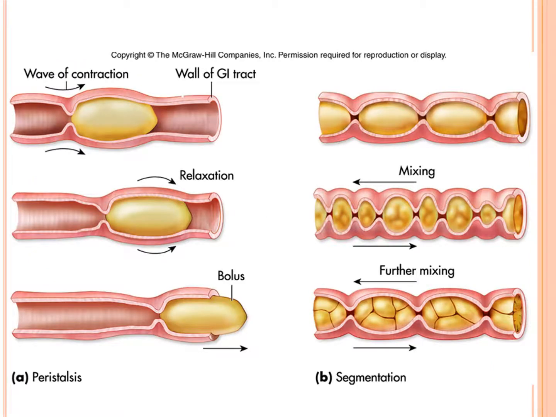Here we just have a diagram of peristalsis. Again, more of a wave-like movement of the bolus through the lumen of the whatever organ we happen to be in. And then the segmentation is a bit more back and forth and chopping. So some slightly different muscle movements.